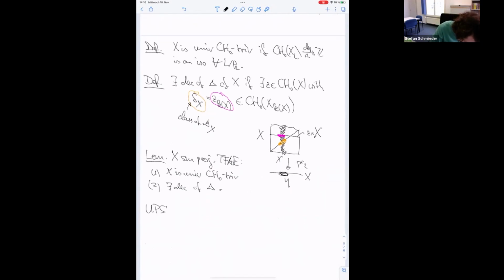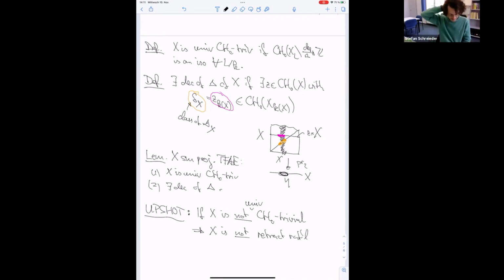So the upshot of this is that if X is not universally CH_0 trivial or equivalently has no decomposition of the diagonal, then X is not retract rational.